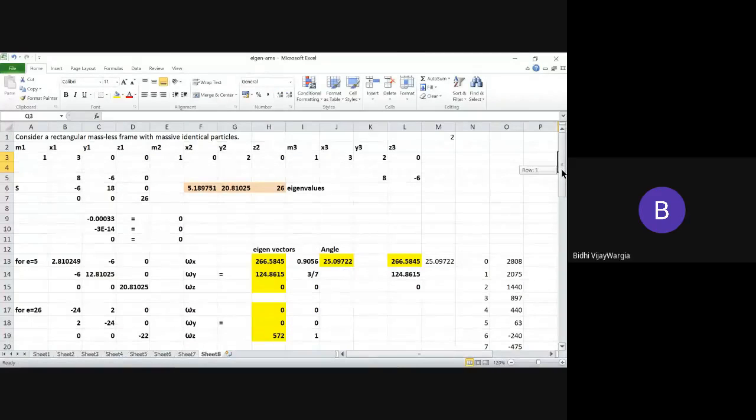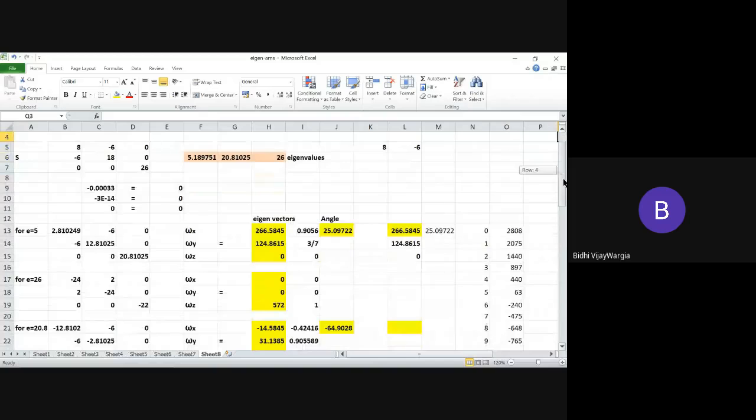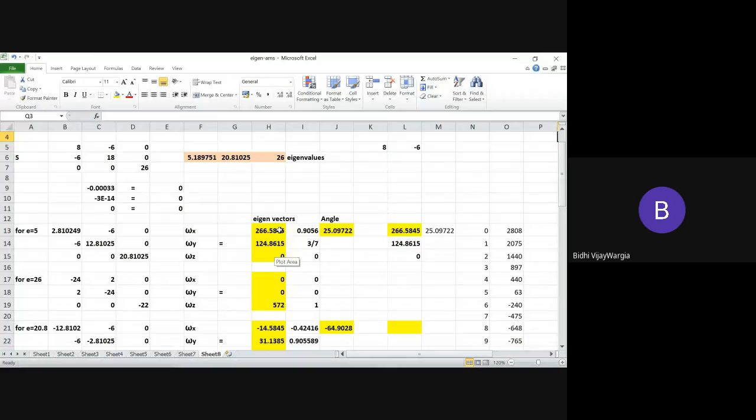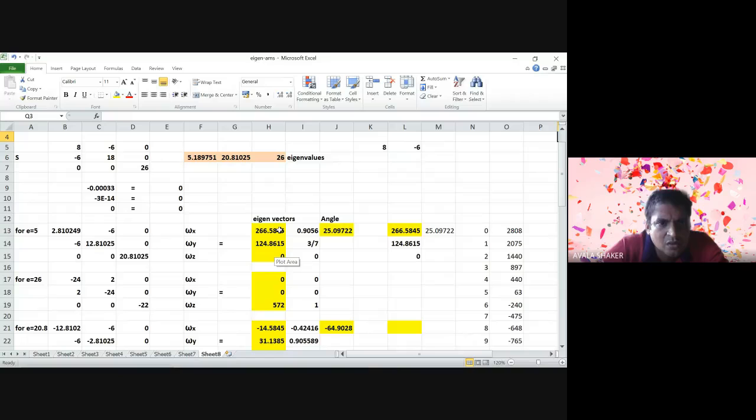So, sir, here the eigenvectors which we have got, are they the principal moment of inertia? No. The angular momentum is in the direction of the omega.